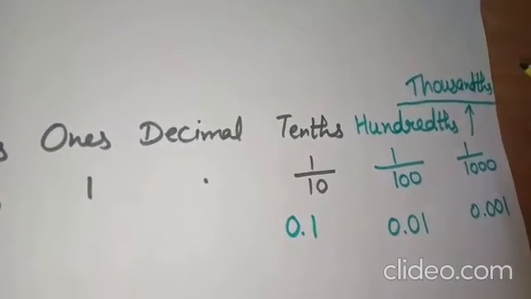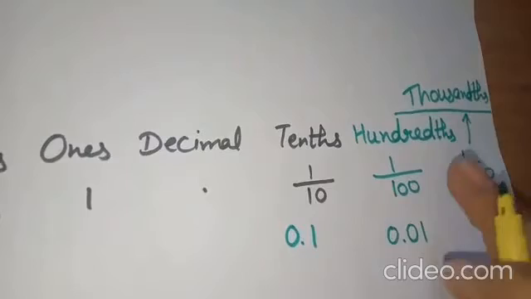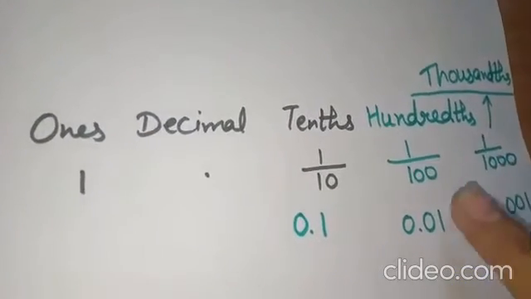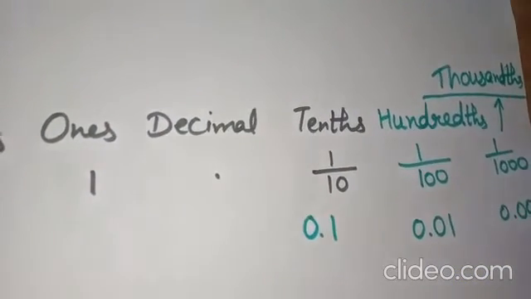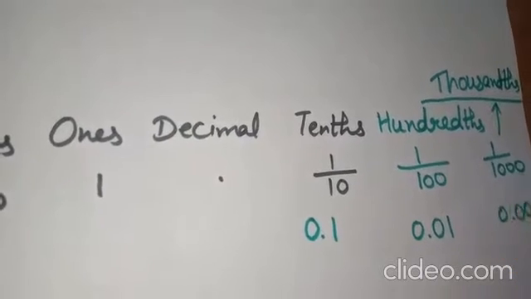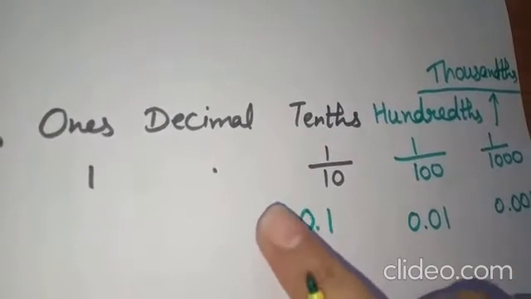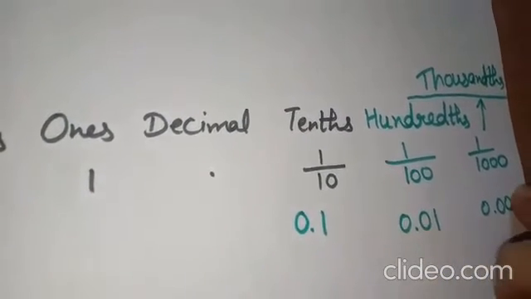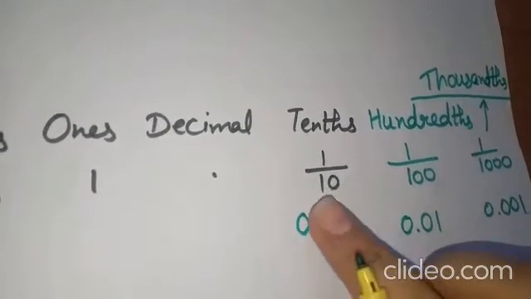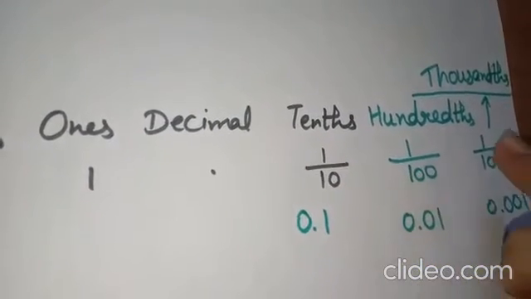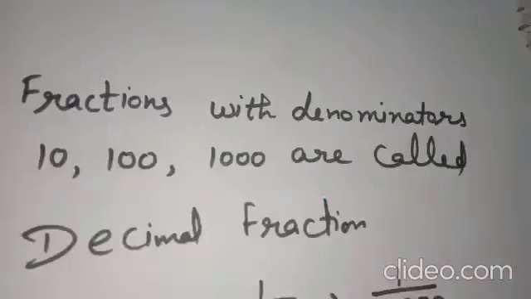So these are two more places. In the same way, if one more place comes, then it will be 10,000ths. But in our syllabus, in our worksheets, we are restricted to only these 3 places after the decimal: tenths, hundredths, thousandths.